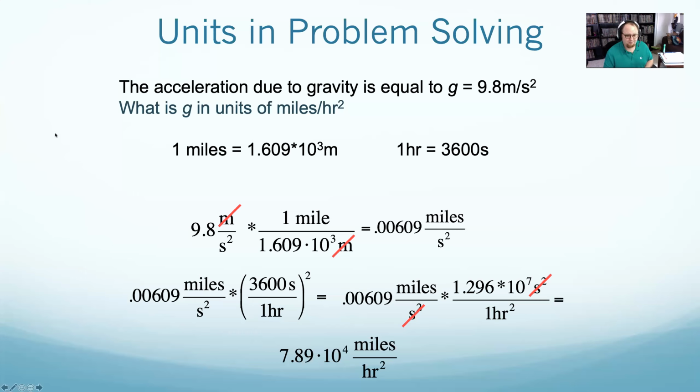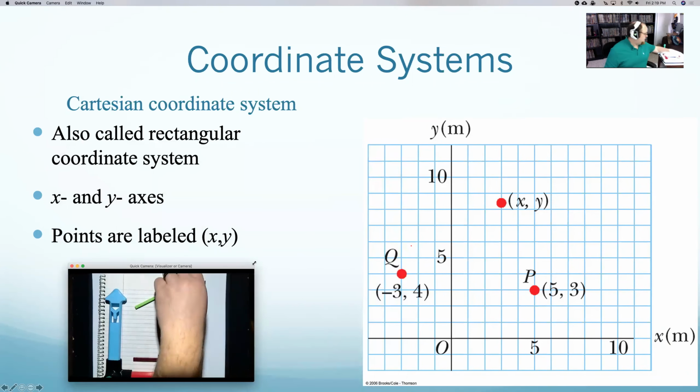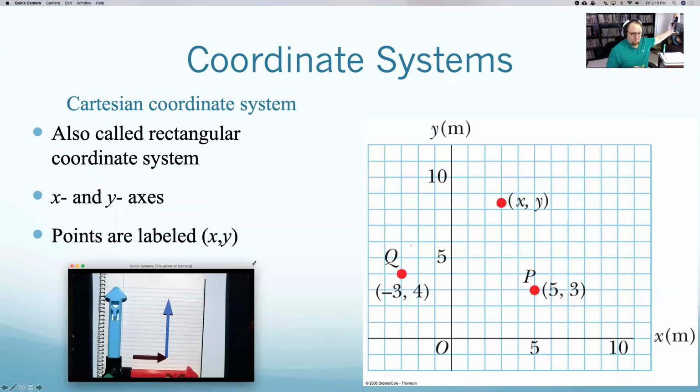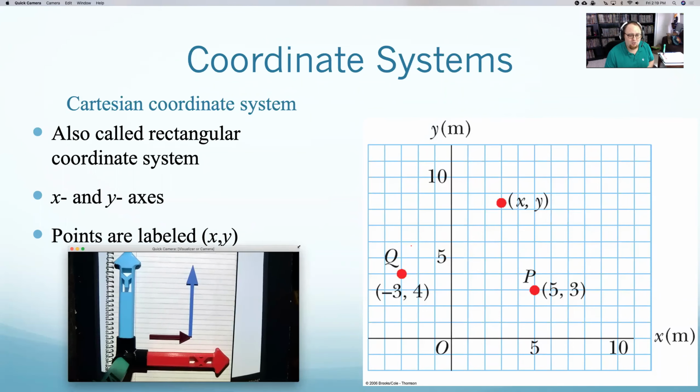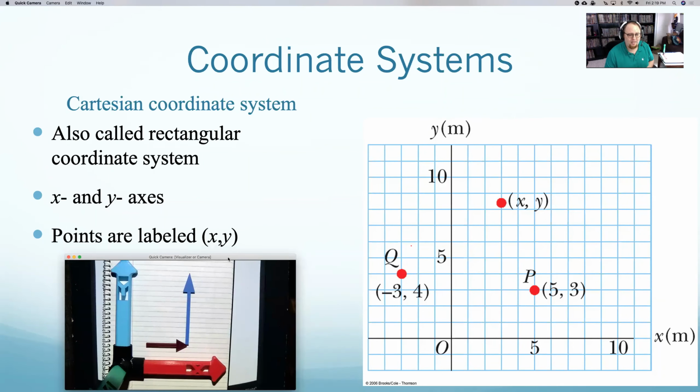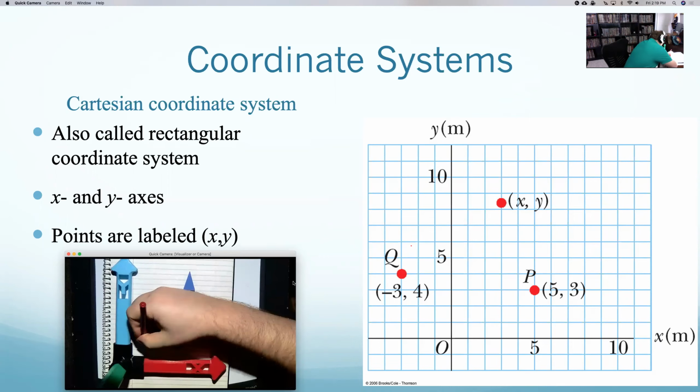In physics, we define most everything using what is called the Cartesian coordinate system. The Cartesian coordinate system, which I have displayed in both bottom corners, is also known as the rectangular coordinate system. It is a way to display the location of something, where you define everything as a point in X and Y. You start from a 0, which in my case is right there.